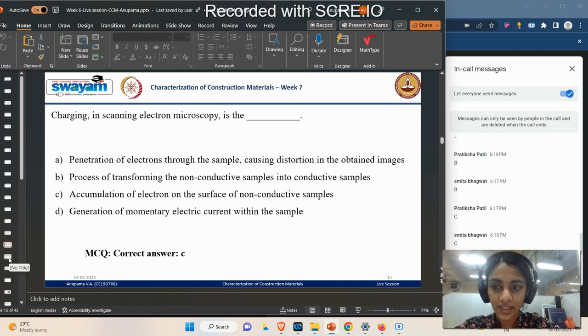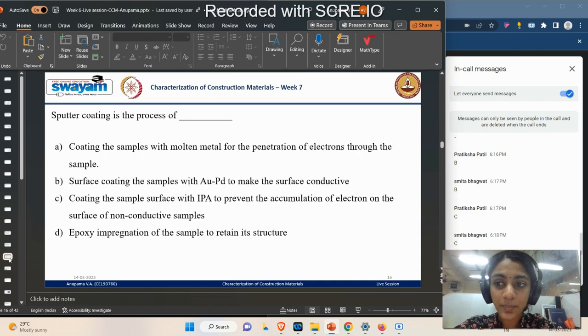Okay, let's move to the next one. Now, what is a sputter coating? It is a process of coating the samples with molten metal for the penetration of electrons through the sample, or it is a surface coating of the samples with gold palladium to make the surface conductive, or it is a coating of the sample surface with IPA to prevent the accumulation of electrons on the surface of non-conductive samples, or sputter coating is the epoxy impregnation of the sample to retain its microstructure.